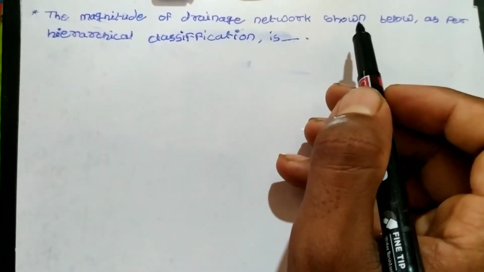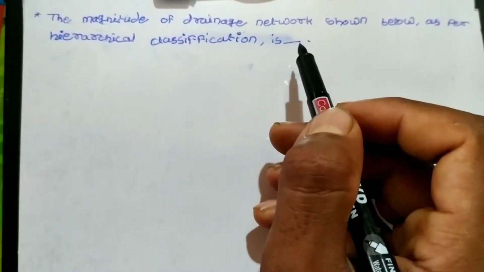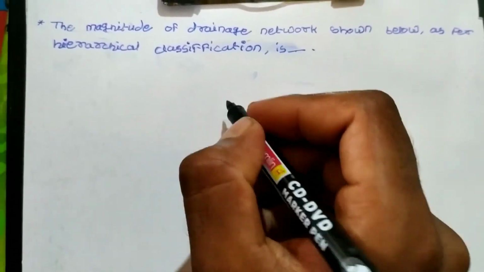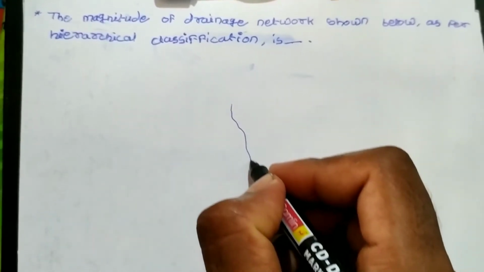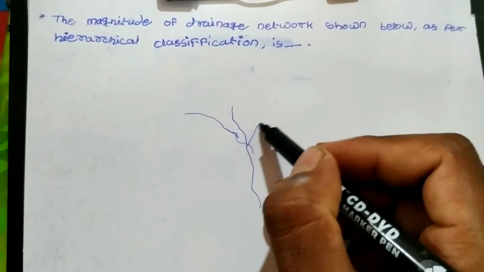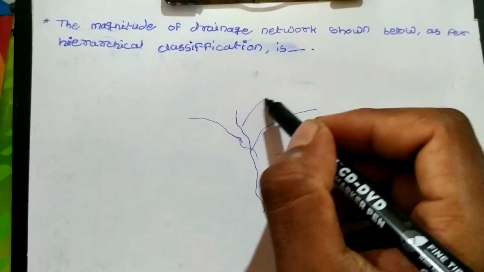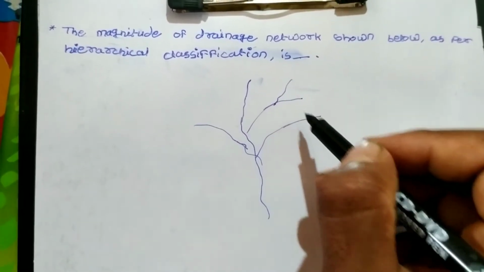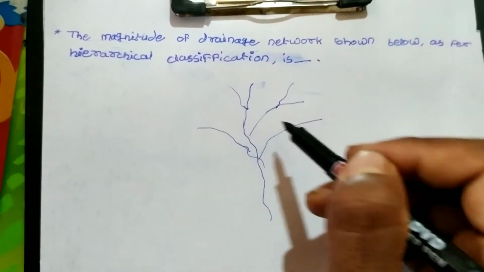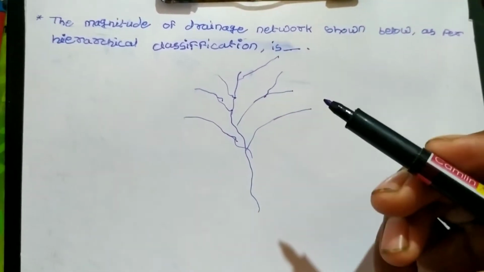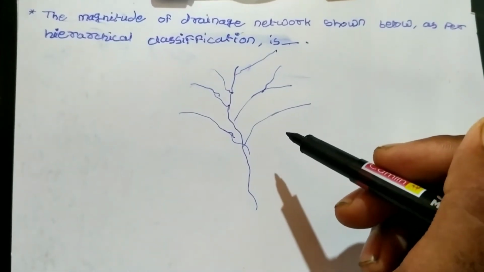The problem is: the magnitude of the drainage network shown below, as per hierarchical classification, is. Suppose this is a drainage network.